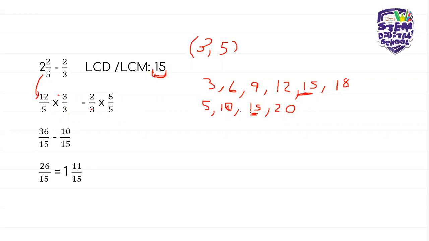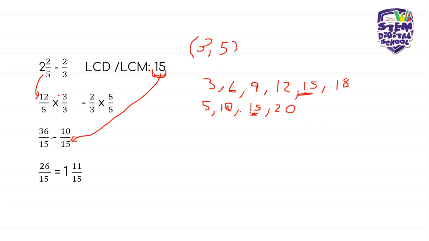Then what times 3 gives me 15? 5. So it's times 5, times 5. 12 times 3 is 36. 5 times 3 is 15. 2 times 5 is 10. 3 times 5 is 15. So I have 15 and 15, which is the denominator that I've been searching for.